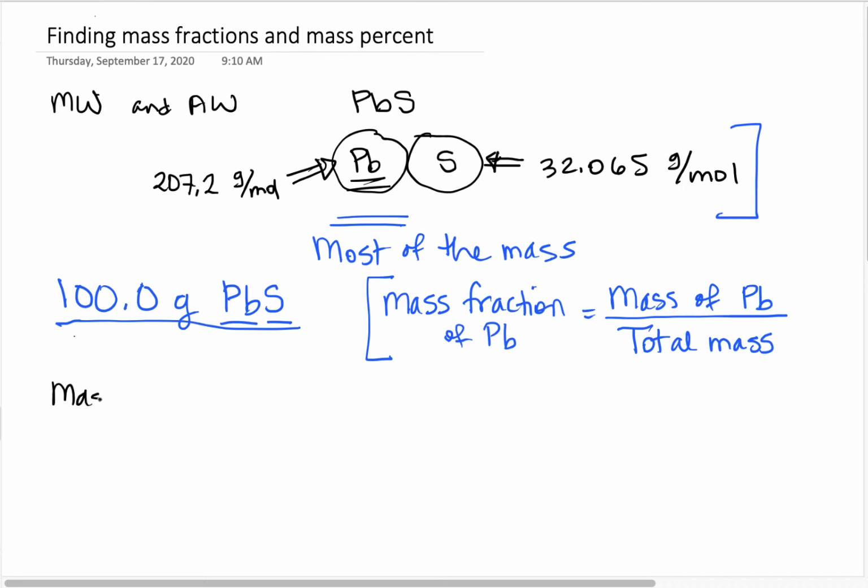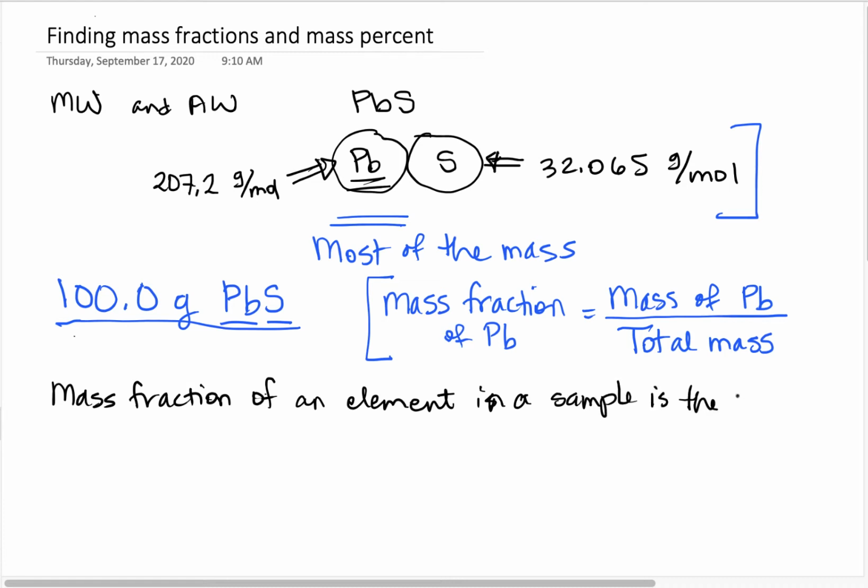The mass fraction, and I'll just be general, of an element in a sample is the same as its mass fraction in its molecular formula or molecular weight.